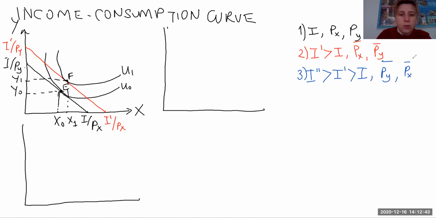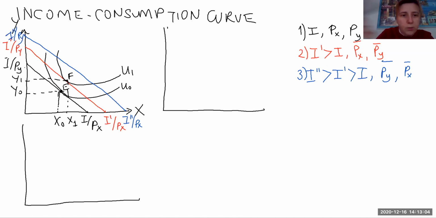So as you can guess, the budget line will shift to the right once more, just like that. The new intercepts are I2 prime over PX and I2 prime over PY.